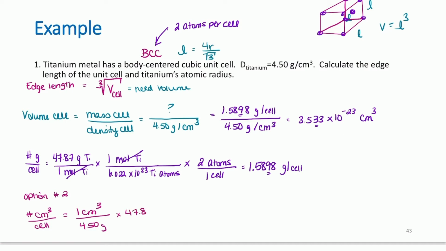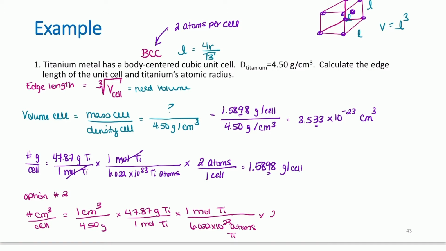I know titanium is 47.87 grams of titanium to 1 mole of titanium. I know that 1 mole of titanium is 6.022 times 10 to the 23rd atoms of titanium. And I know it's 2 atoms per cell.